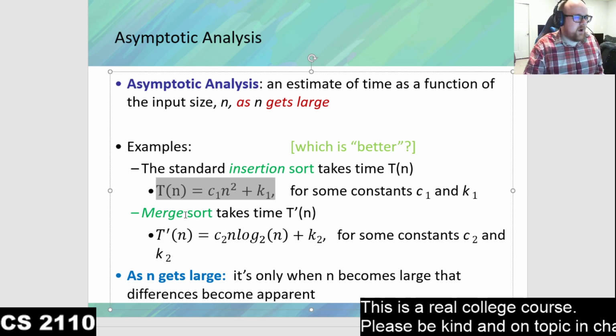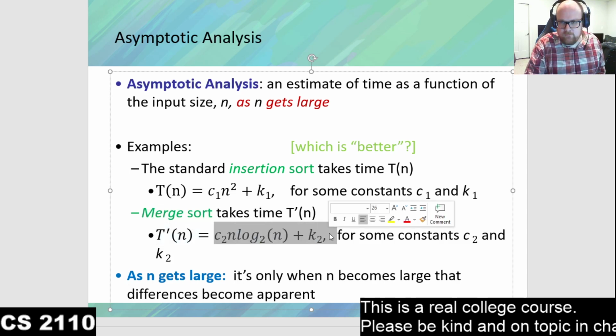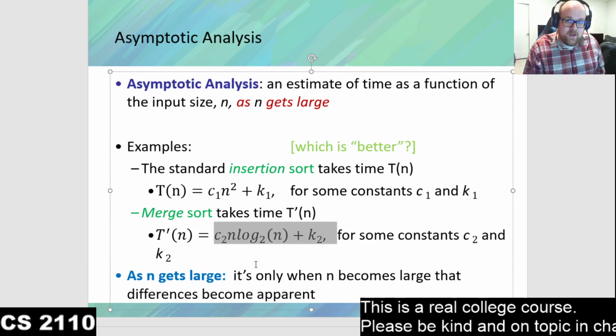We're going to talk a bit about merge sort later. The point is, this is better. N log base 2 of n is better than n squared. We'll see how much better later. For now, we can evaluate these two algorithms as taking this many steps, and we focus on the n terms.